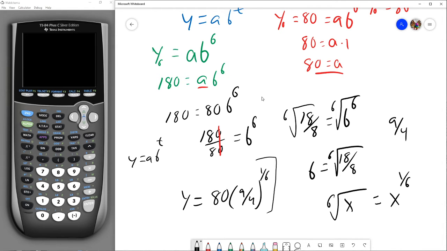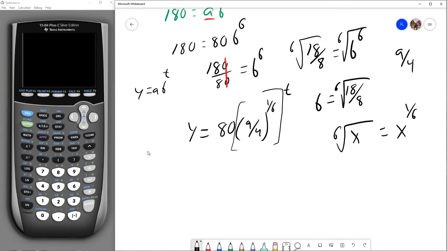Well, this right here is our b, and it has to be raised to the t. So we can now use our exponent rule here and multiply the t and the 1/6 together and get y is equal to 80 times 9/4 to the t over 6.